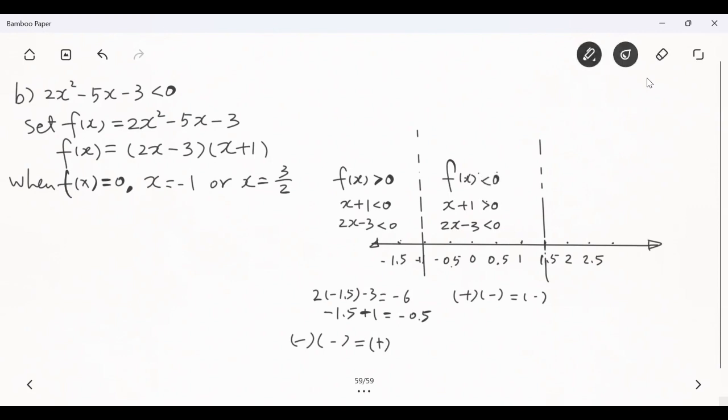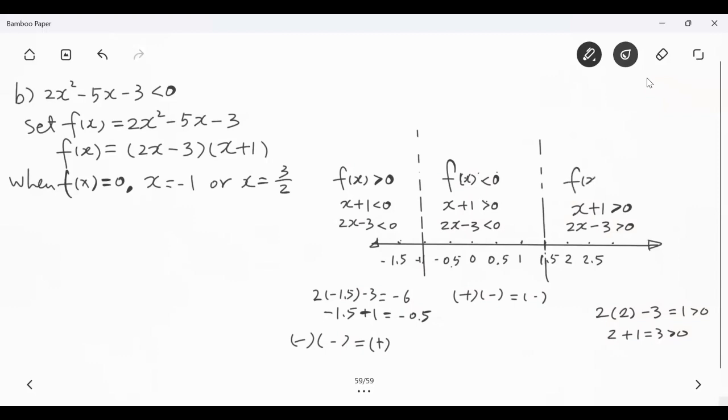So next, the right side, if x is more than 1.5, we know 2x minus 3 is more than 0, right? We test x equal 2, so 2 times 2 minus 3 is 1, more than 0. And then 2 plus 1 is 3, also more than 0, so that means x plus 1 is more than 0.